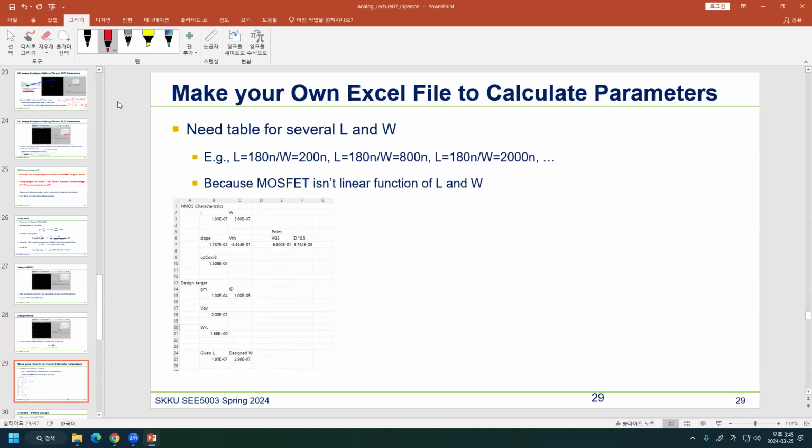And then I recommend you make this kind of Excel file to calculate things. You will see what I mean if you go through the slides.